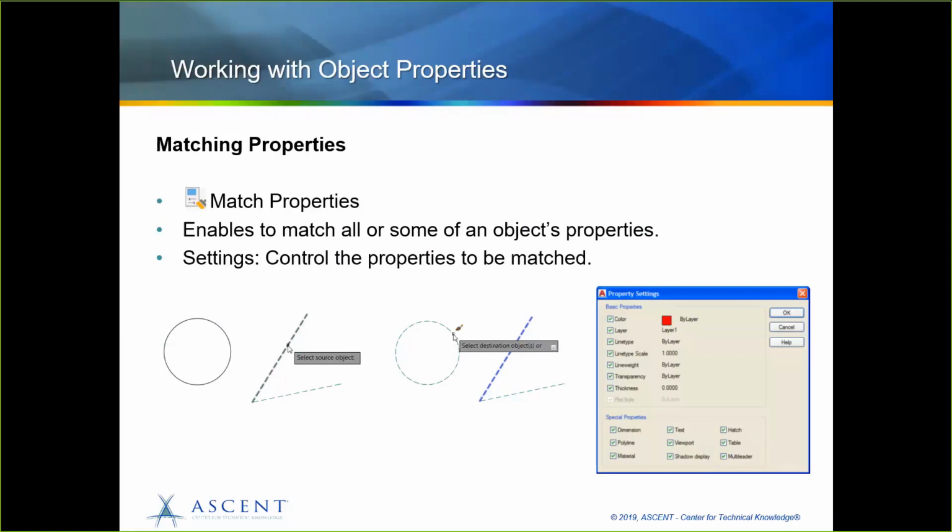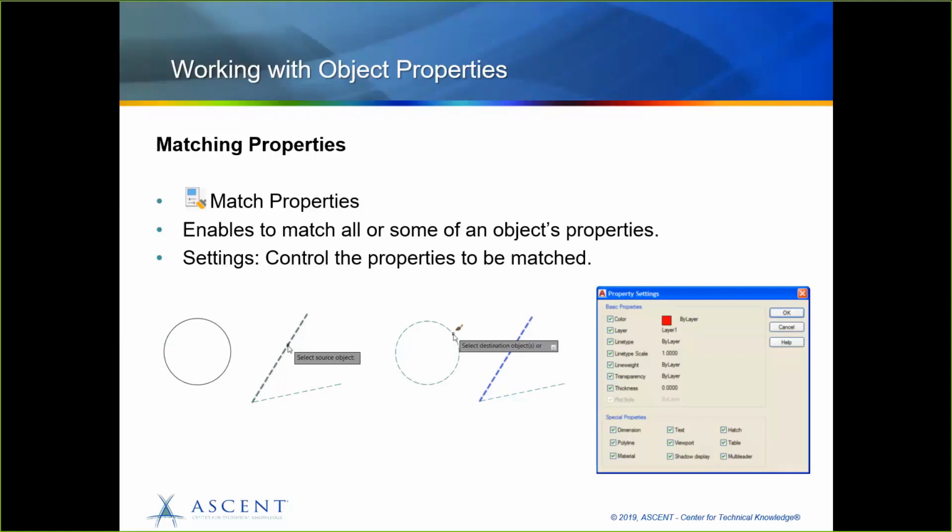You can match all or some of the object's properties. It can be done through the settings dialog box. The properties that can be matched are all controlled through the property settings dialog box. This dialog box is displayed once you have invoked the match properties command and then selected the source object.